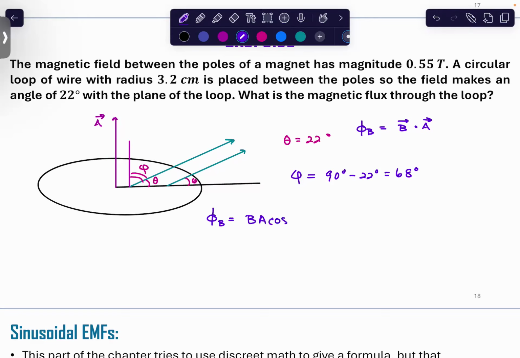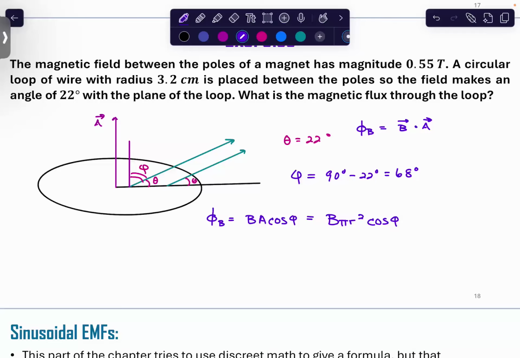Okay, so your flux is BA cosine of phi, equals B pi r squared cosine of phi. Area of a circular loop, yep.